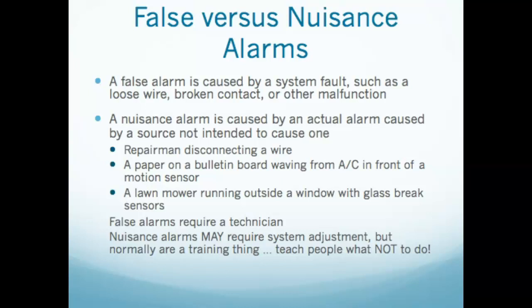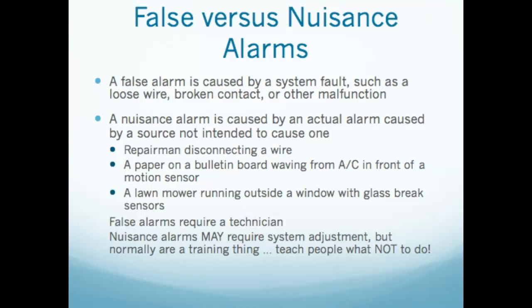Again, another thing that you will see in the future on a quiz, and the terminology is really common in the field. When you call and you say, I've got this door and I'm getting a lot of false alarms, then a technician is coming out expecting to find broken wires, broken contacts, something in the system that needs repair. If you call somebody and say, I've got nuisance alarms, they're going to tell you, well, train your people better, or they may come in with a test to see what it is that's setting off that motion detector.